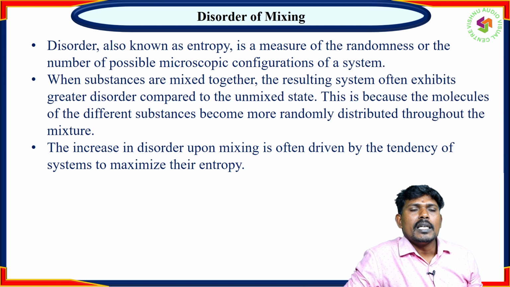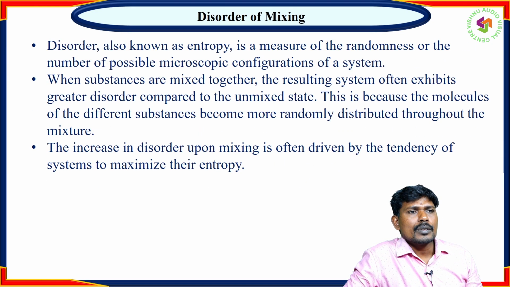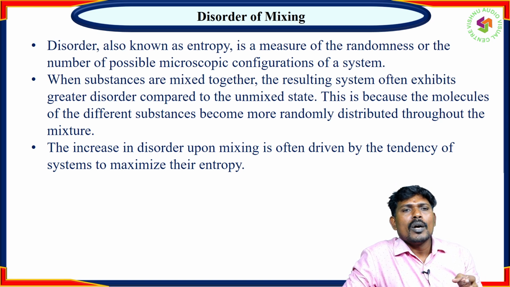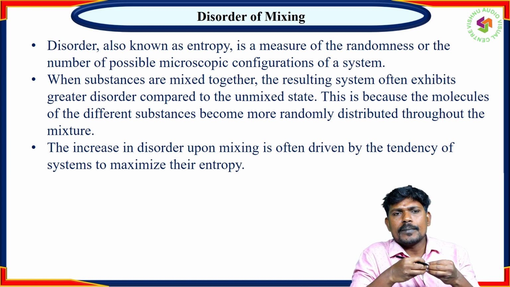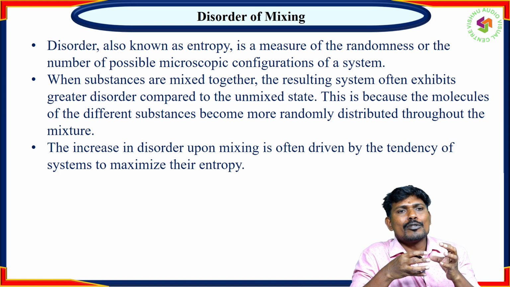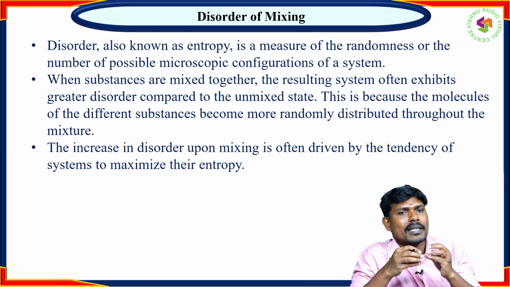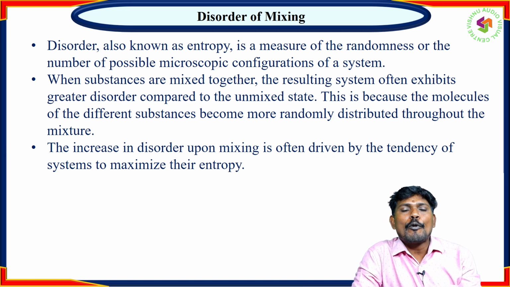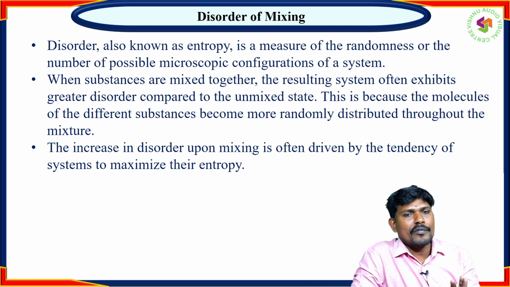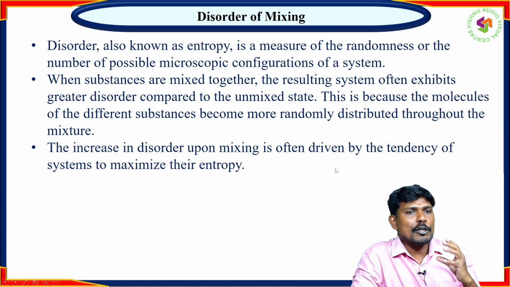Next one is the disorder of mixing. In other words, when we add two compounds, what is happening to the entropy? Entropy, also known as disorder, is a measure of randomness or the number of possible microscopic configurations of the system.